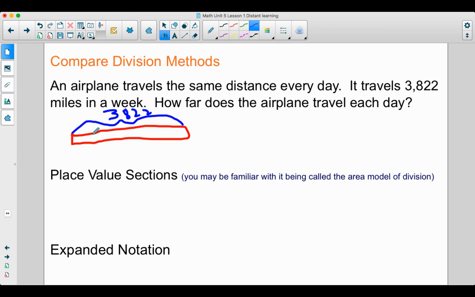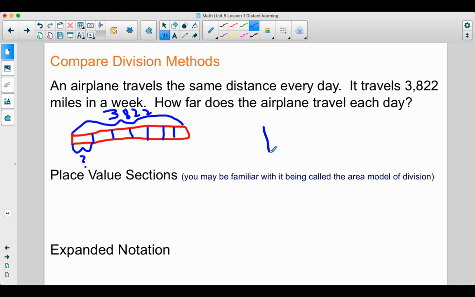So that means it's traveling in 7 equal parts. I'm going to pretend they're equal parts, and I'm looking for how many are in each part. So when I'm dividing it into equal parts, I know it's division.